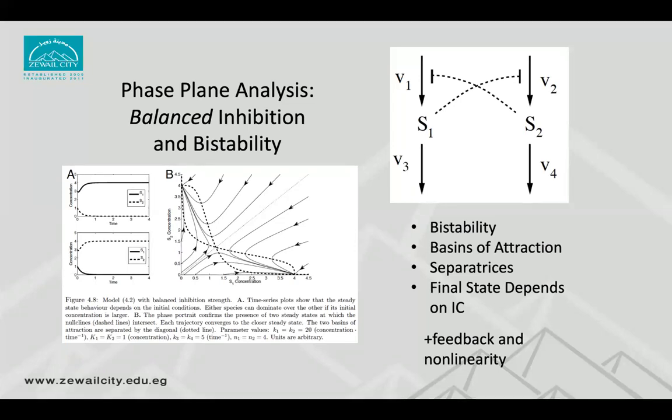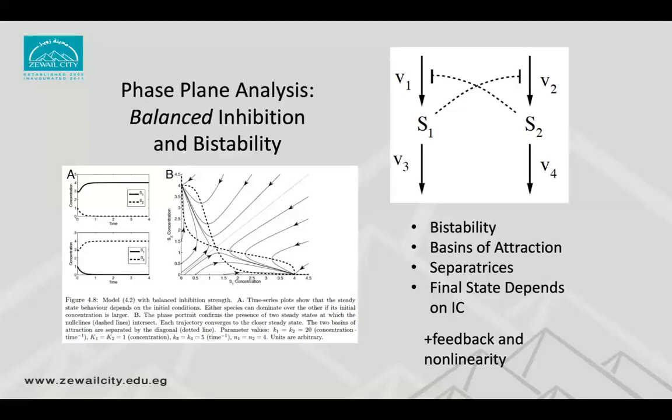So let's look at the phase plane. Here are our trajectories. If we imagine the diagonal going along here, if we're on this side below the diagonal, that means we started with more S1 than S2.